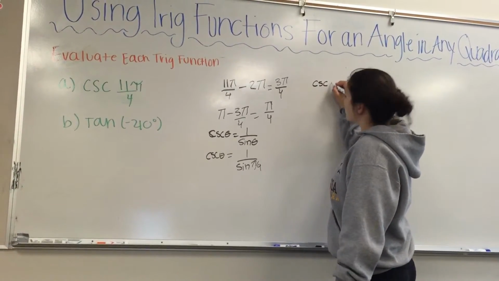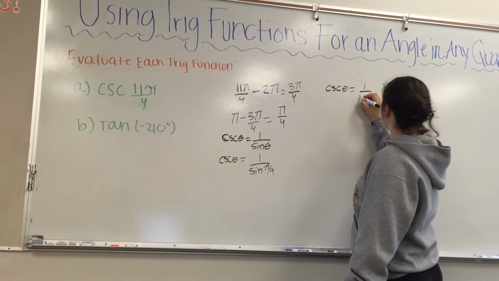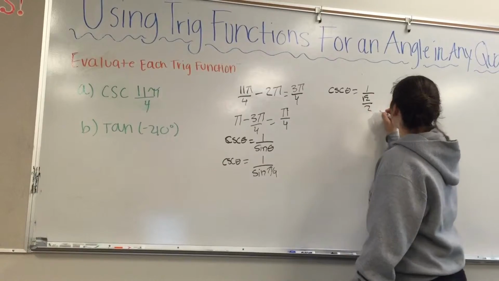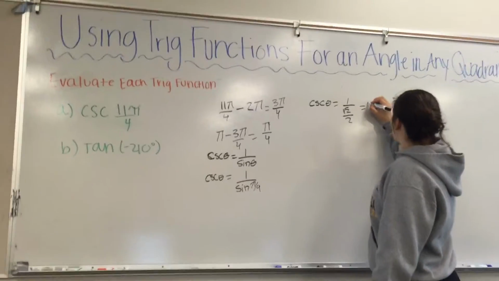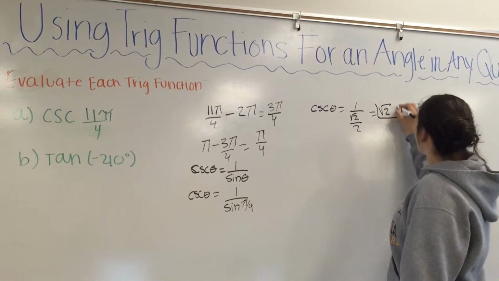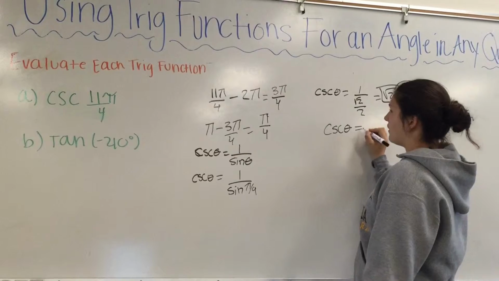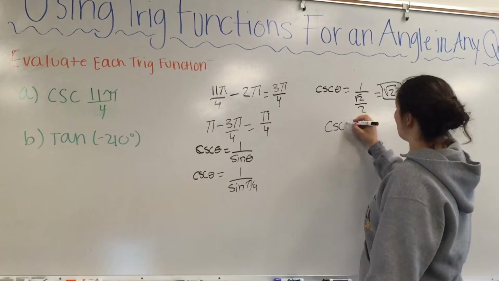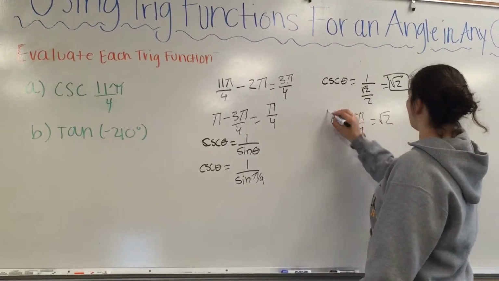So, the cosecant of theta equals 1 over the square root of 2 over 2. To simplify that, you're going to get the square root of 2. So, the cosecant of 11 pi over 4 equals the square root of 2.